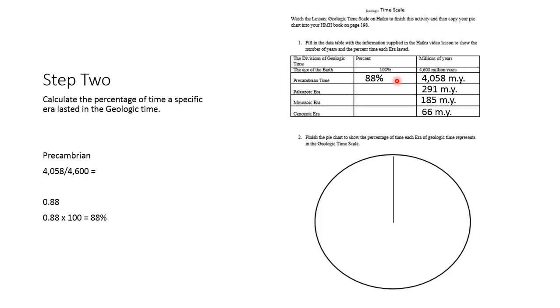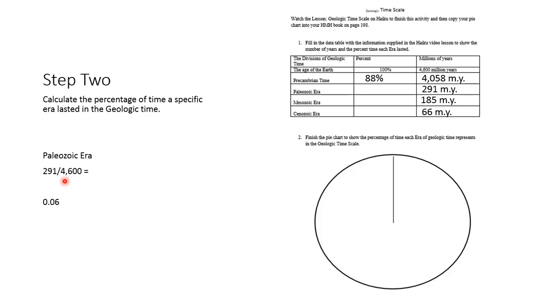Let's move on to our next one, which is the Paleozoic. Again, we're going to calculate the percentage of time that the Paleozoic era lasted. We take our elapsed time, 291, and divide it by the total time, 4,600. We get 0.06, and I think it actually comes out to be 0.064 or 0.065, but we're only going to use 0.06.